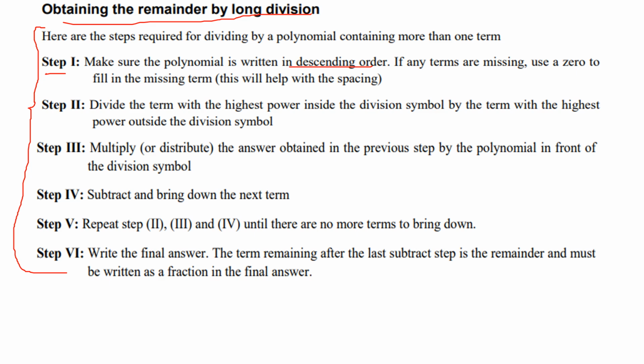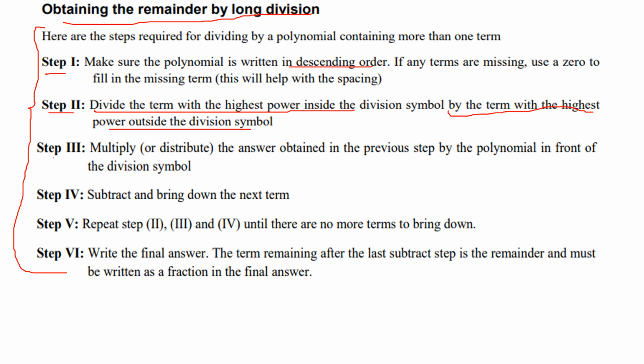In step 2, divide the term with the highest power inside the division symbol by the term with the highest power outside the division symbol. By the term with the highest power outside the division symbol, we are talking about the divisor, the highest power of x on the divisor. We divide the highest power of x on the polynomial by it. So this is what this statement means.